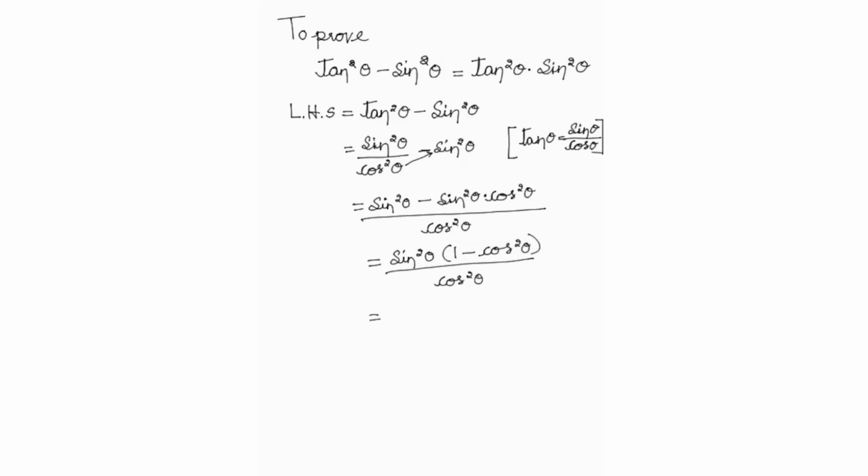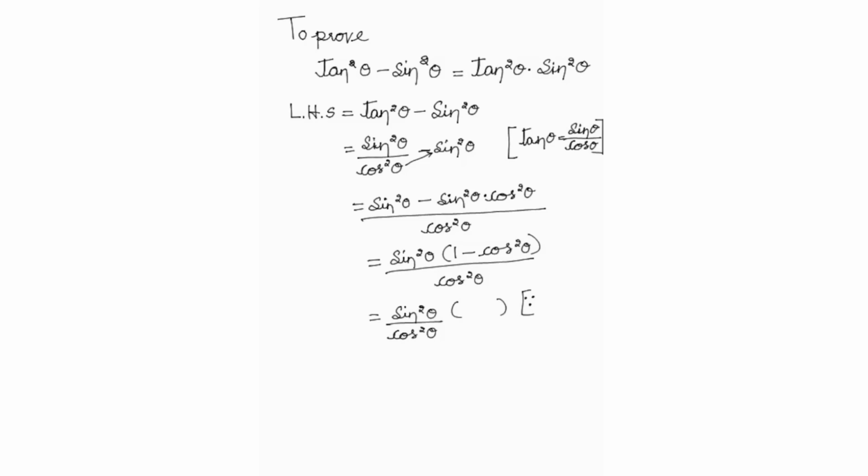So we will keep this sin square theta divided by cos square theta here and then into, so we all know that sin square theta plus cos square theta is equal to 1. So we already know that.